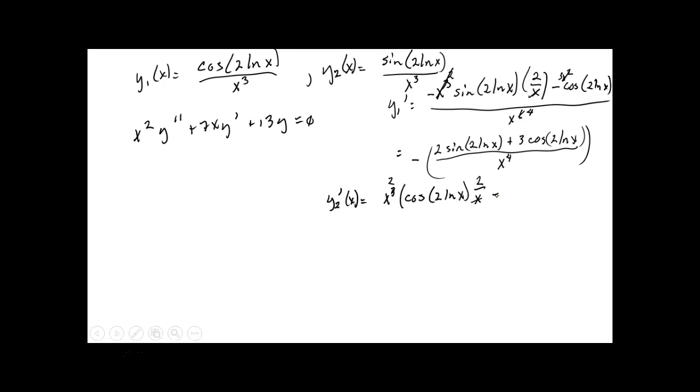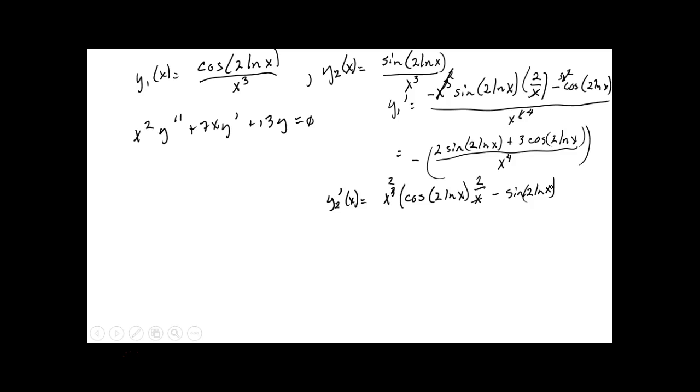Minus sine 2, what am I writing this again? Times 3x squared over x to the 6, right? Okay, now the x squareds here and here will wipe out 2 of those, leaving us x to the 4th.